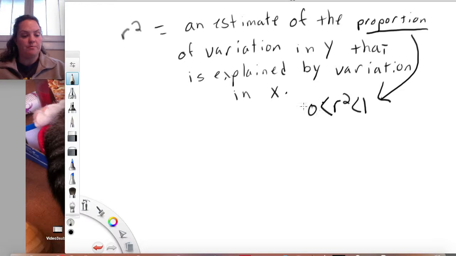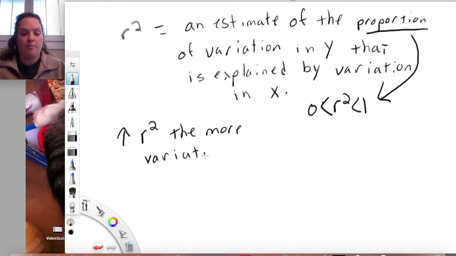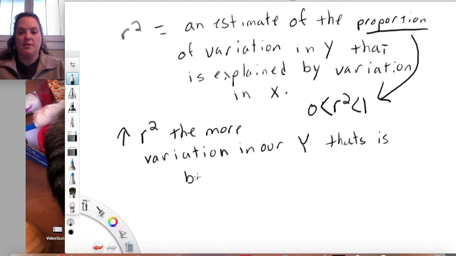It's a proportion. All right, so typically what we see is the higher the r-squared value, the more variation in our dependent variable that is being explained by our independent variable.